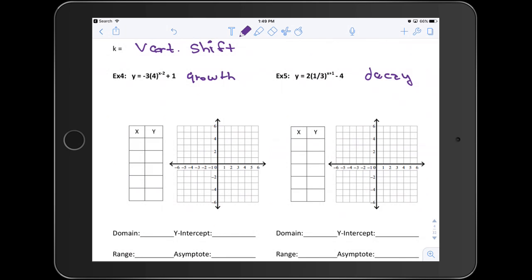And again, what I tend to do is I first graph almost like the parent, if you want to think of it that way. So I'm going to first graph y equals -3 times 4 to the x. And I'm not going to graph it in the sense of like a solid graph because that's obviously not my final product.